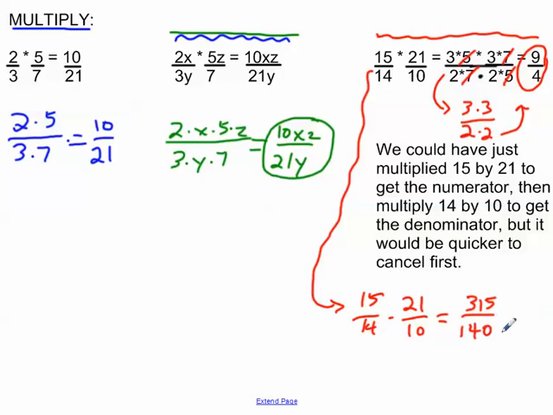Well, we sure could do that, but then we'd have to say 315 is 5 times 63, and 140 is 5 times 28. And then the 5 and the 5 cancel out, and we've got 63 over 28.